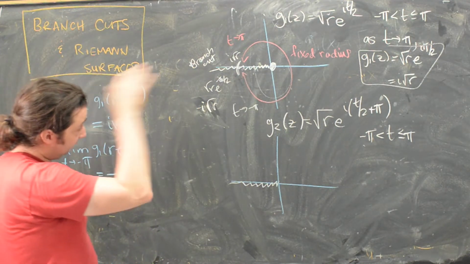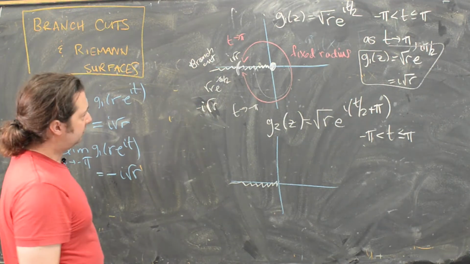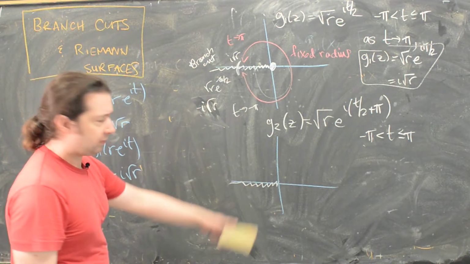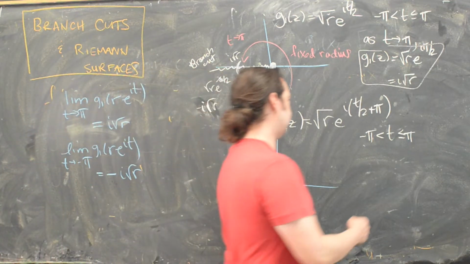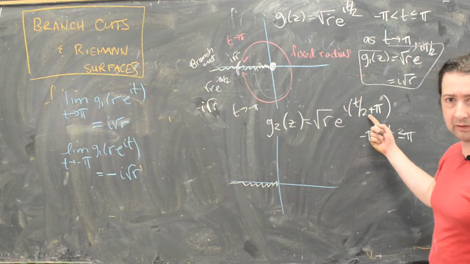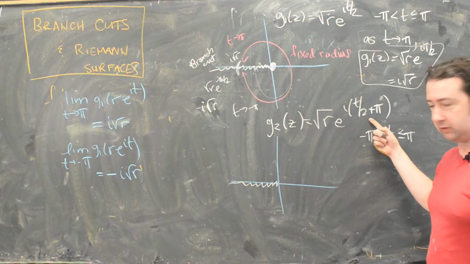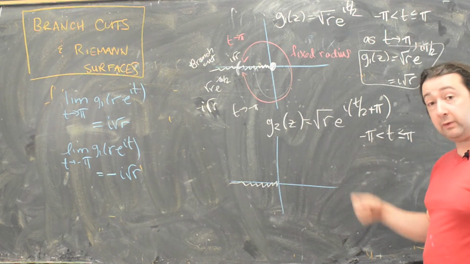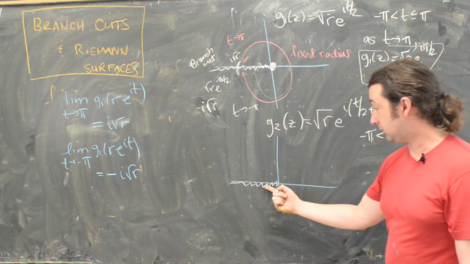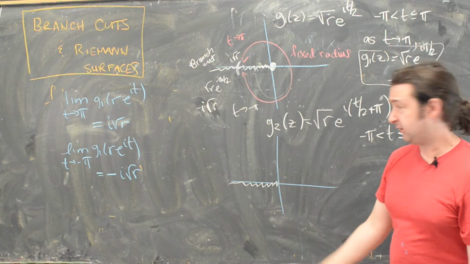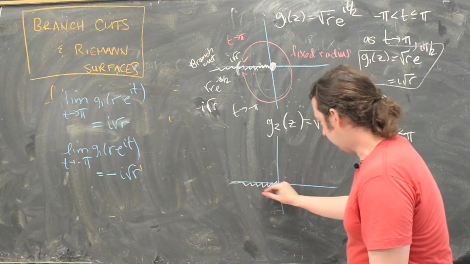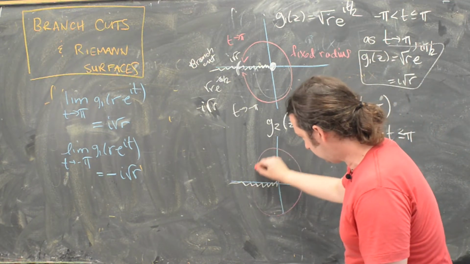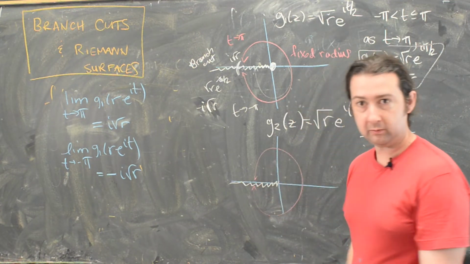Okay, well that's frustrating. So what does the other branch do? So remember, the other branch has this pi in here. So the other branch of the square root function has this pi on the inside. Maybe we can compute its limit as we come into the branch cut, and we can see how that looks. Well, we're going to play the same game. We'll think of a circle with a fixed radius, and we'll come into that branch cut from the top and the bottom.